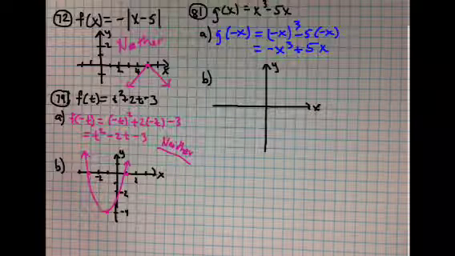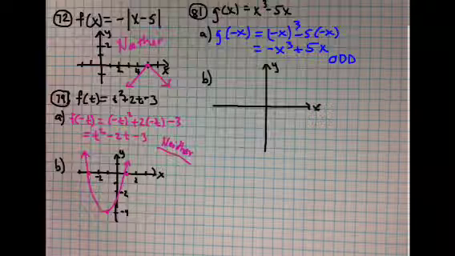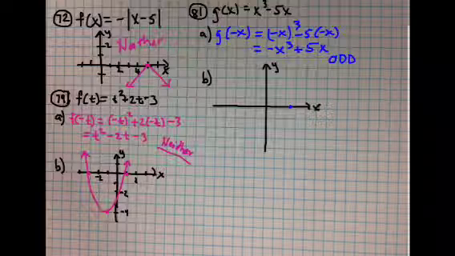Whoops. Got to change the pen. Now this one definitely you would plug into a graphing calculator. And so this is what it looks like. It crosses a little bit past 2, about right here, and -2, a little bit past it.